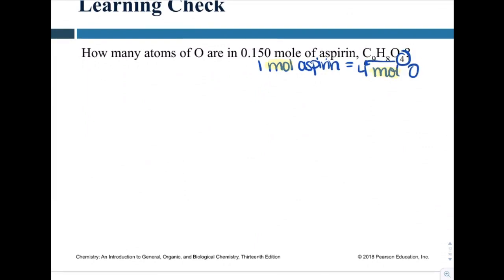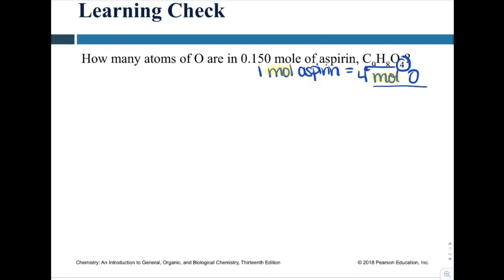And I want to know about number of atoms though, not moles of oxygen. So now I have a conversion to get me to mole of oxygen, but I need to go all the way to atoms of oxygen. So anytime I see a small tiny particle unit, I need to remember Avogadro's number. But this time I am going to write what I'm talking about. I'm talking about oxygen. And so Avogadro's number is going to be for atoms, because I'm talking about an individual element. Now, I'm not talking about oxygen by itself, because oxygen by itself, of course, would be diatomic.